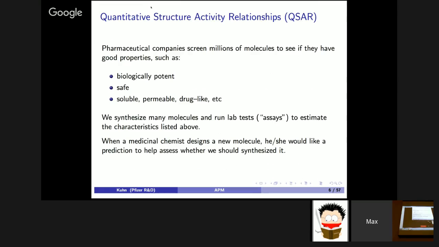And again, the chemists I work with tend to find QSAR models extremely helpful in terms of understanding how they should design their molecules. But they don't necessarily want the model to tell them why the prediction was the way it was.